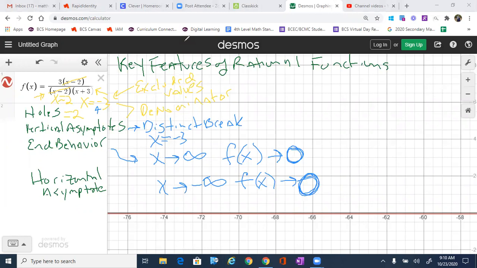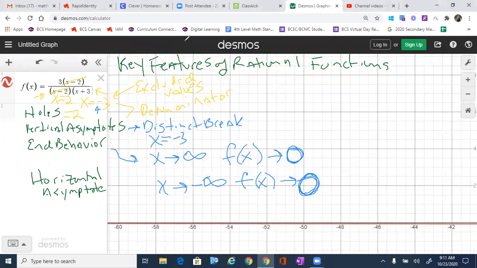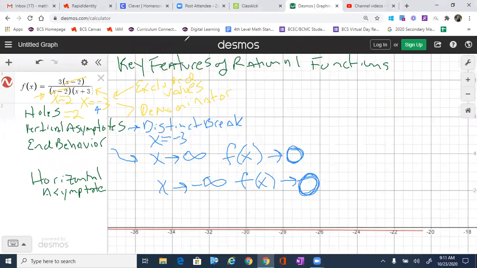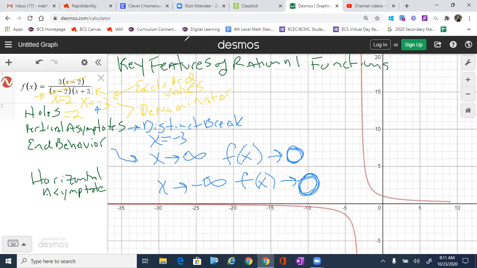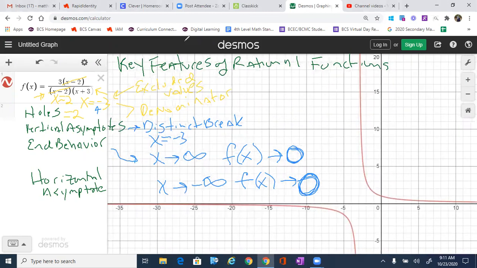Okay, that is actually pretty cool because that leads us to our next thing, which is what we would call our horizontal asymptote. When we talk about the horizontal asymptote, what I want you to think is across. Vertical was up and down, horizontal is across. If I draw a line across, it is another asymptote, a distinct break in the graph.